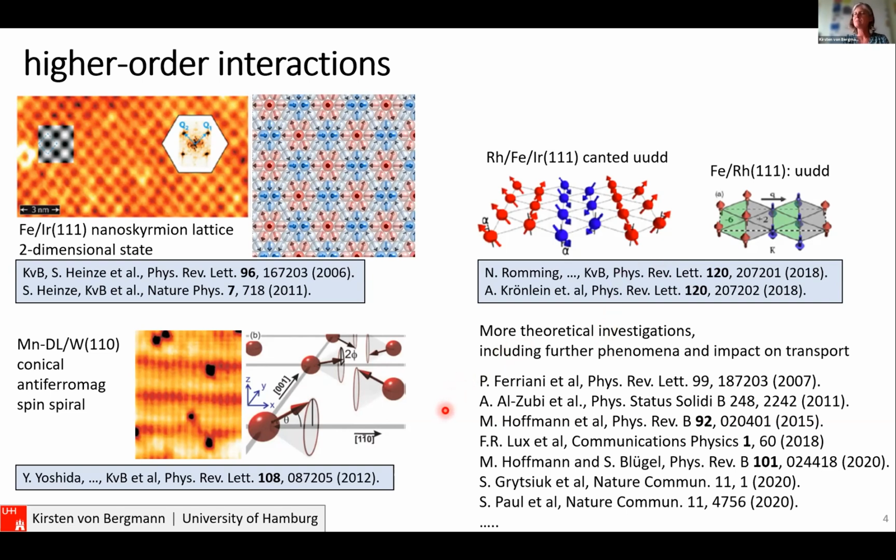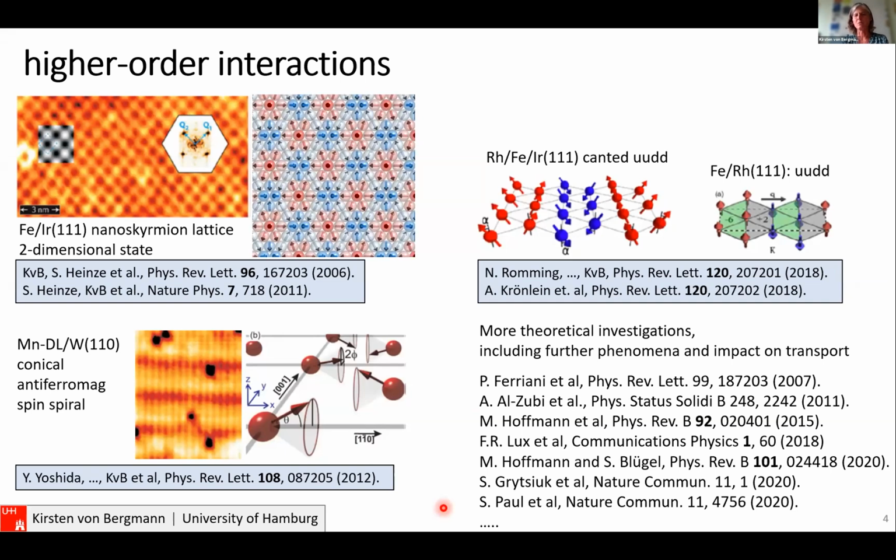So this has been in the focus recently, not only as an effect for ground state formation, but also regarding transport properties in materials. So there are many theoretical works that look at these kinds of states and make predictions about topology in transport and so on.